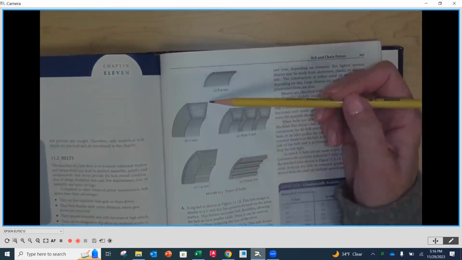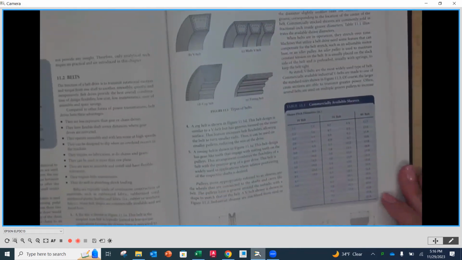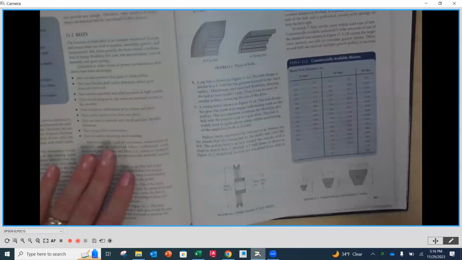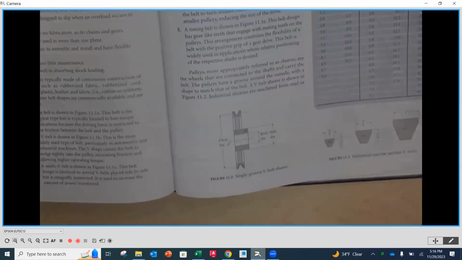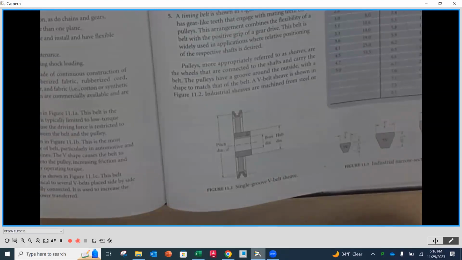Now, this form of this V on either side is going to fit down in, I'm going to go down here, this is the cross section of a sheave. Now, I'm going to presume that many of you have a little bit of experience, or at least understanding of what a V-belt drive is with the pulley and the V-belt. Everybody kind of have that understanding? Okay. All right. I'm seeing nods, and I'm hoping online, very same thing.